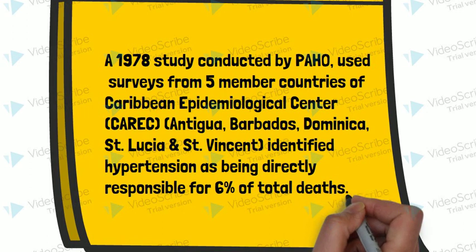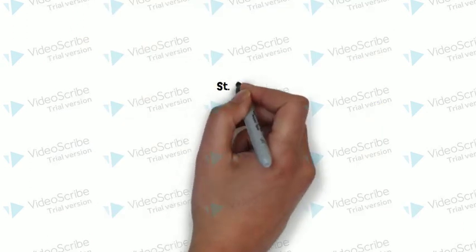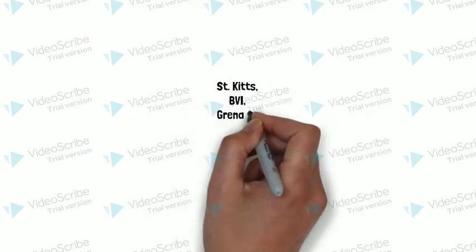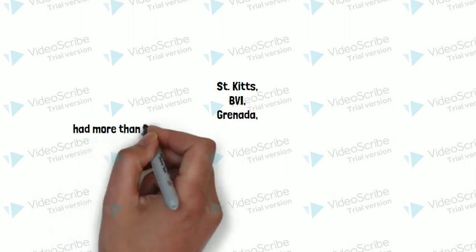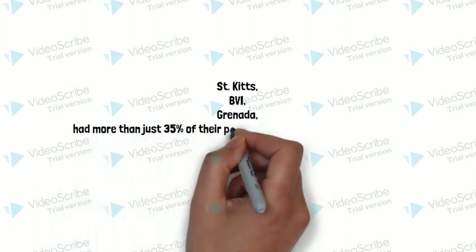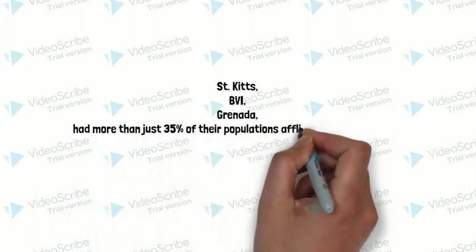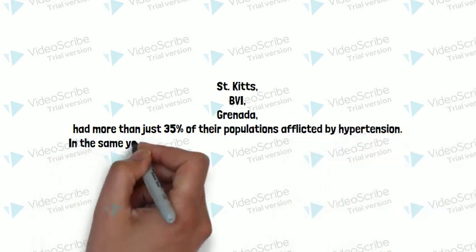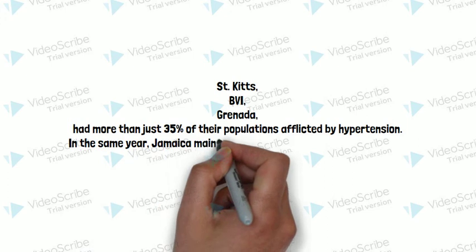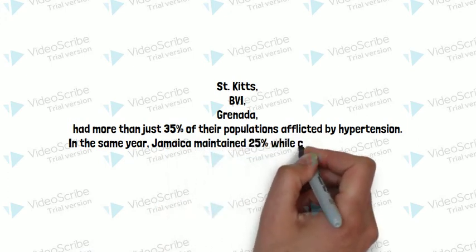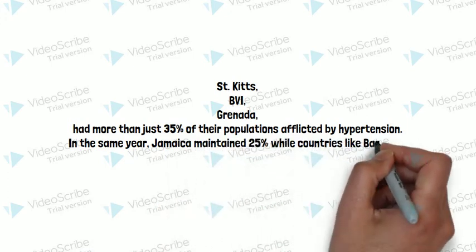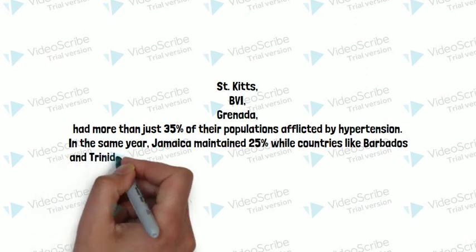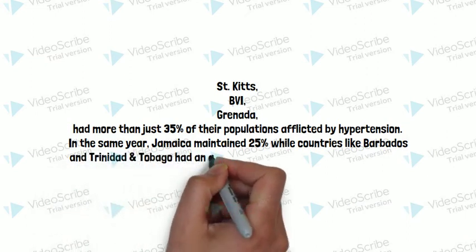In 2017, Caribbean countries such as St. Kitts, British Virgin Islands, and Grenada had more than 35% of their populations afflicted by hypertension. In the same year, Jamaica maintained 25%, while countries like Barbados and Trinidad and Tobago had an approximate 21% of hypertensive citizens.